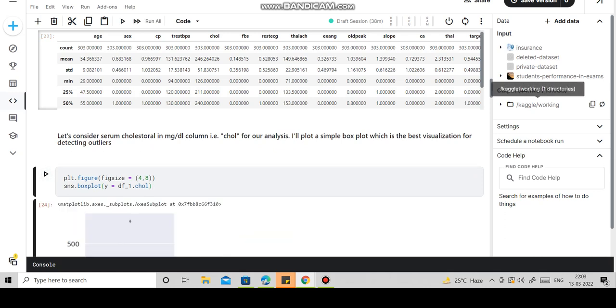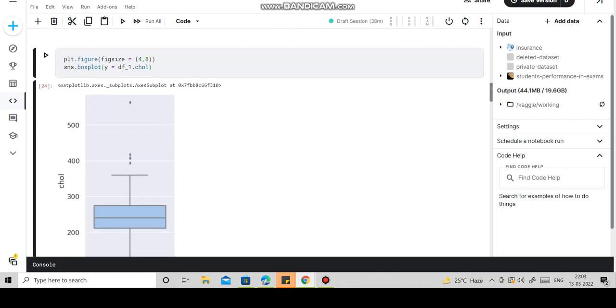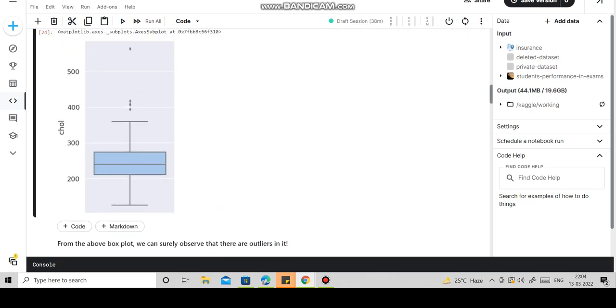We look into the box plot now. We have the box plot. So any point which is more than the upper whisker, these two are whiskers, are basically outliers. Similarly, any point below the lower whisker would be considered as outliers. So we'll look into how to define these whiskers.